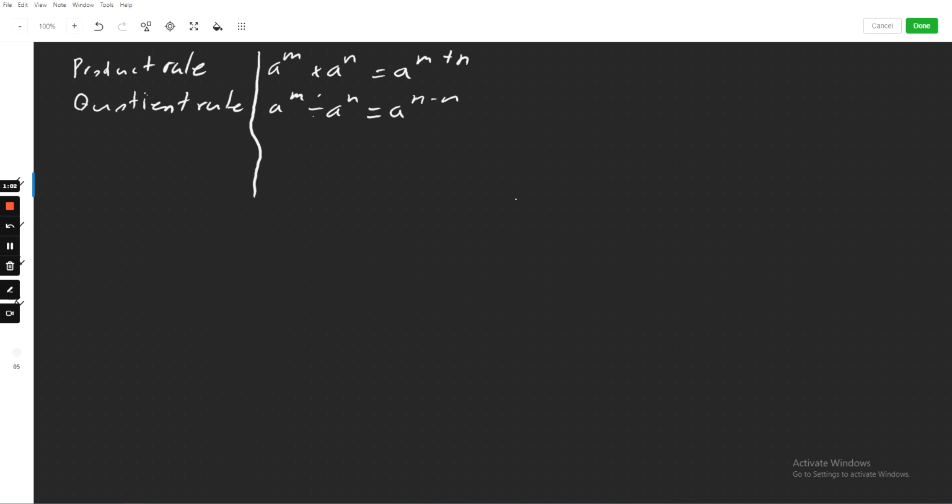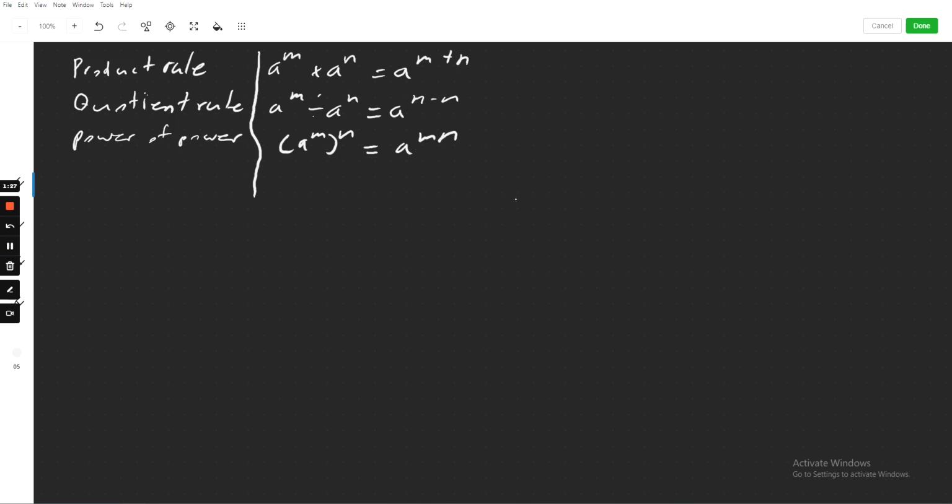Then we have the power of a power rule. That's pretty much saying a to the power of m, to the power of n, equals a to the power of m times n.